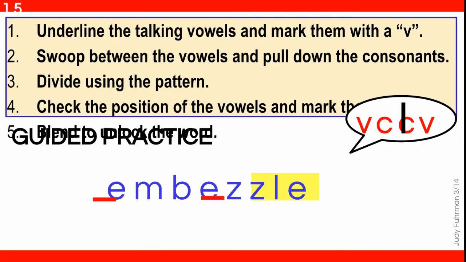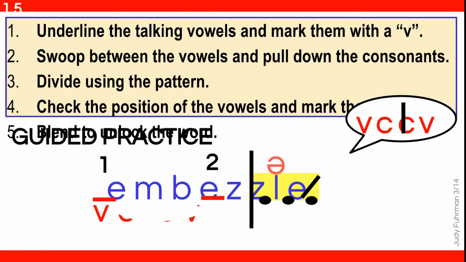Okay, now that we know that, going back to this word, embezzle, you're going to count 1, 2, 3, right? You're going to cross out the E because the E is silent. Counting back 1, 2, 3, you're going to split the syllable between the two Z's, and then you hear a schwa sound. Then you have your vowel, consonant, consonant, vowel, your two talking vowels there.